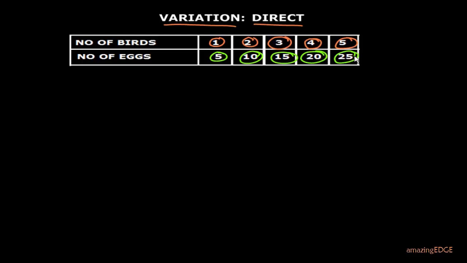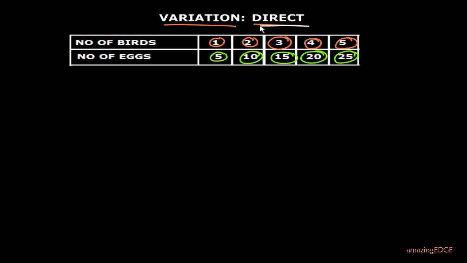So what are we saying? If you look at this, this is a direct variation because you are comparing the number of birds with the number of eggs. The more birds you have, the more eggs you will have. So you see that the change is in the same direction, and that's what we call a direct variation. As you can see, something is varying.